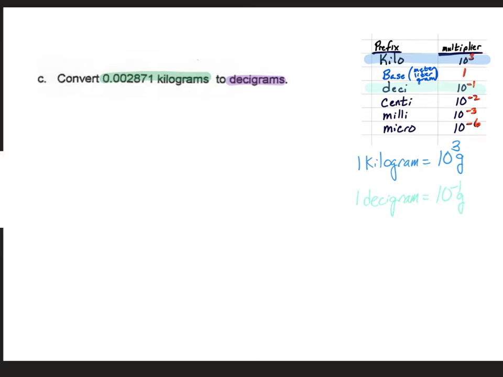Starting with what we know, there's 0.00281 kilograms. We're going to write that over 1 to make it into a fraction. Our next part of the fraction, we need the kilograms to cancel from the top. It goes on the bottom of the next fraction. We'll put kilogram on the bottom and gram on the top. 1 will stay with the kilograms. The 10 to the third will go with the grams.